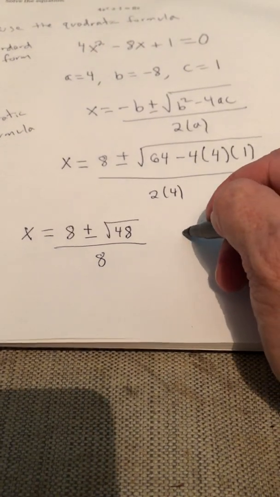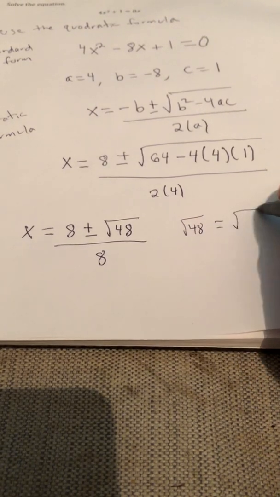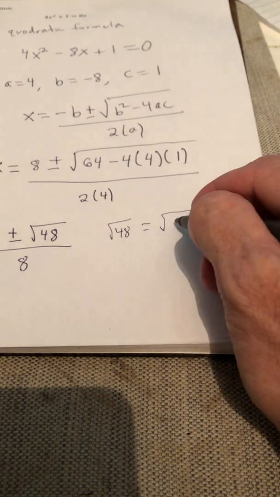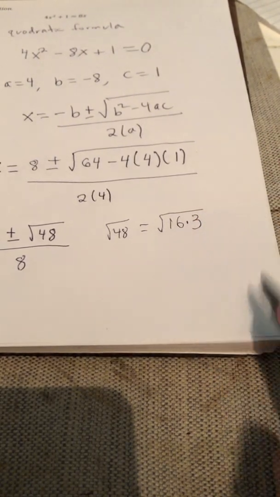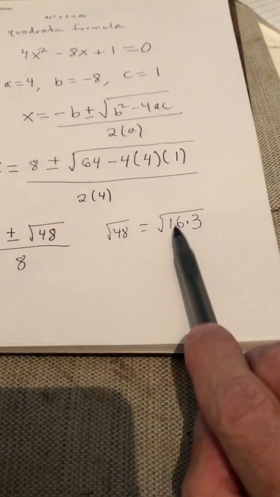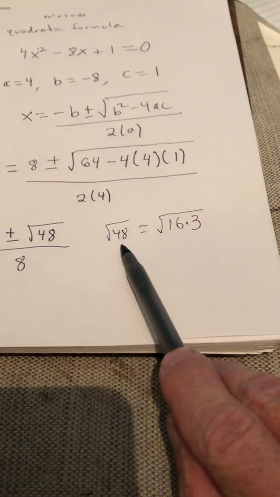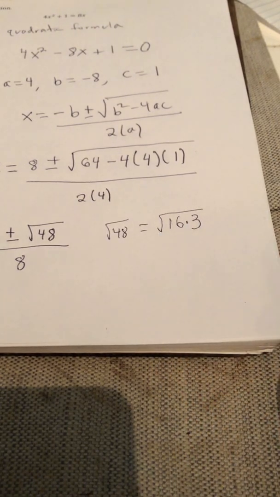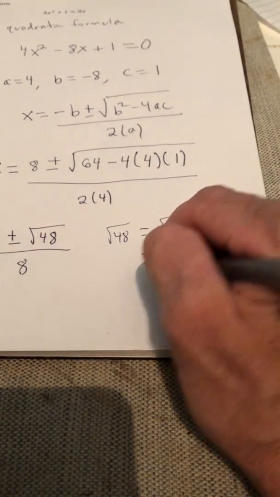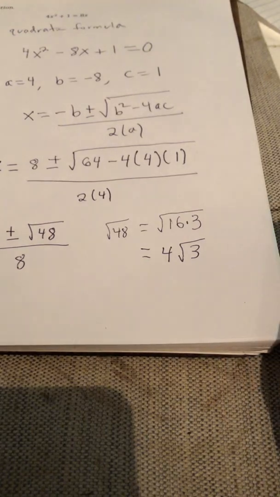Notice that the square root of 48 is the same as the square root of 16 times 3. I wrote it this way because 16 is the largest perfect square that is a factor of 48. Now, using the multiplication property of radicals, I can write this as 4 times the square root of 3.